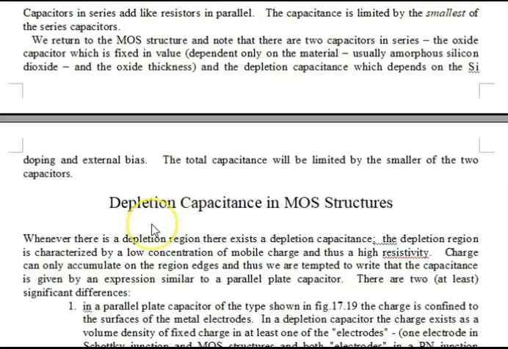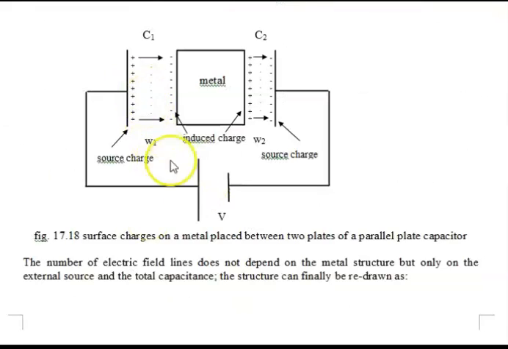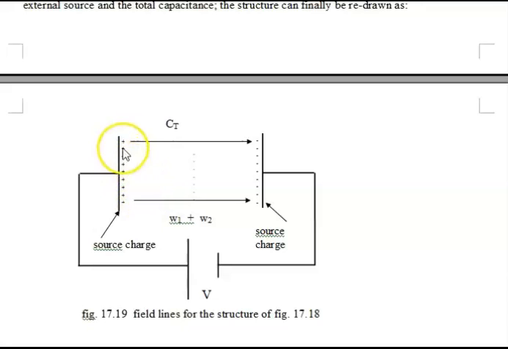And in this short section, I'd like to just highlight some of the differences between depletion capacitance and a regular parallel plate capacitor. The regular parallel plate capacitor, like up here, has charge confined to the surface regions on the right and the left side. Since the left side is made positive, we have a positive surface charge density on the left side, and a negative charge density on the right side.